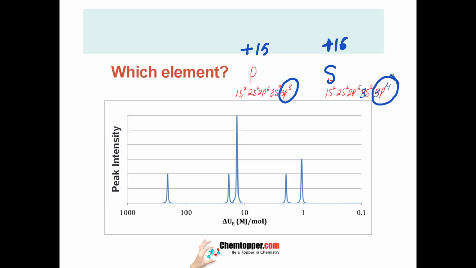So in which case is it difficult to remove an electron from the outermost p subshell, in P, phosphorus, or sulfur? Difficult to remove an electron from this particular subshell. Yes, please. Only Shreya R is answering me. It's difficult to remove from P.